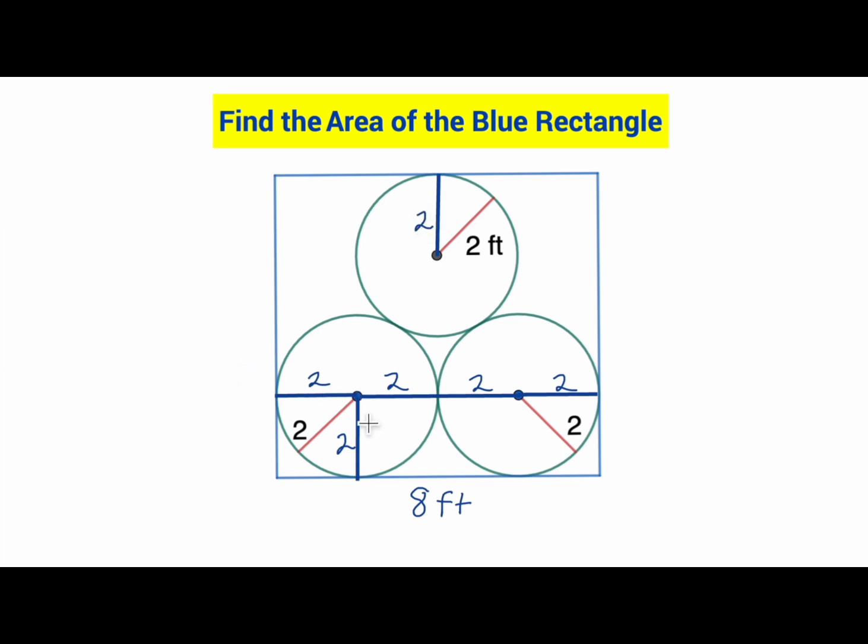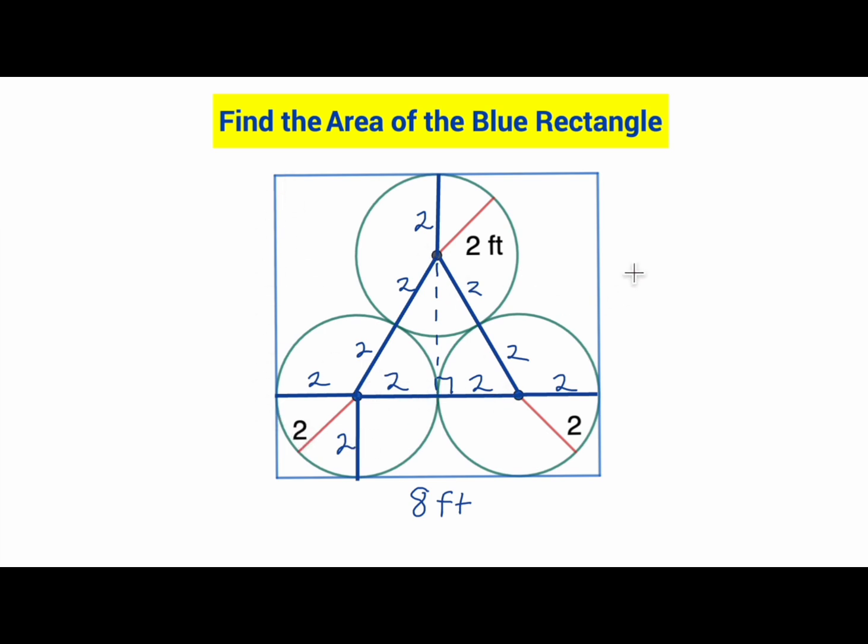So now what I need to do is connect the centers of these circles, and each of those radii are also 2. Now what I really need to know is the height of that triangle. Because if I add the height of that triangle to the 2 on the top and the 2 on the bottom, that's going to get me the width of this rectangle.